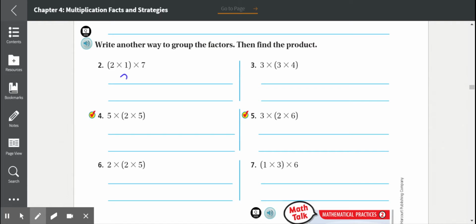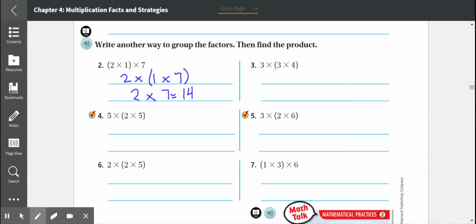So let's write that again. 2 times 1 times 7. But this time we're going to change the grouping. So now the parentheses will be around the 1 and the 7. Okay, let's solve. What is 1 times 7? 7. And now we have to bring down the 2. 2 times 7 equals 14.